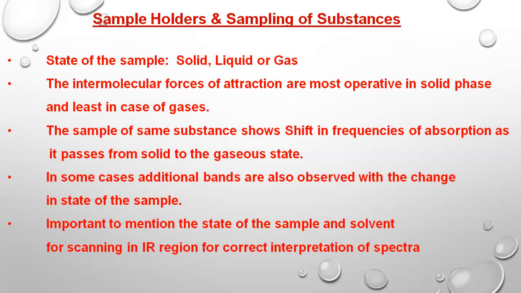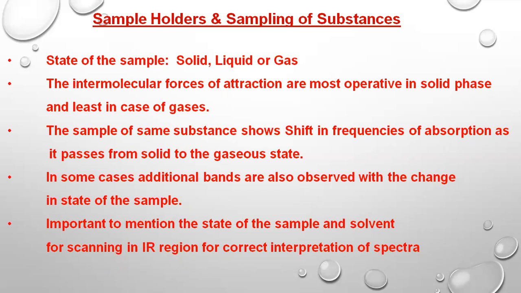Sample holder and sampling of substances. By IR spectrophotometer, we can analyze solid, liquid, as well as gaseous samples. The intermolecular forces of attraction are most operative in the solid phase and least in the case of gas.